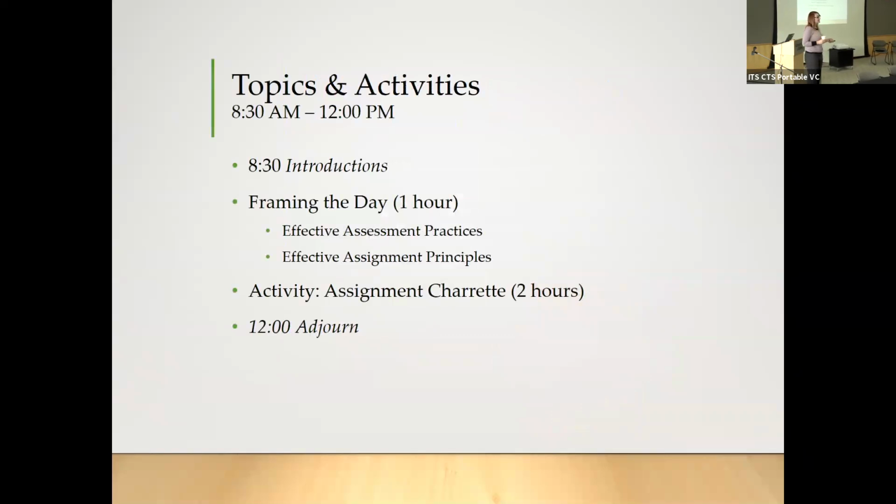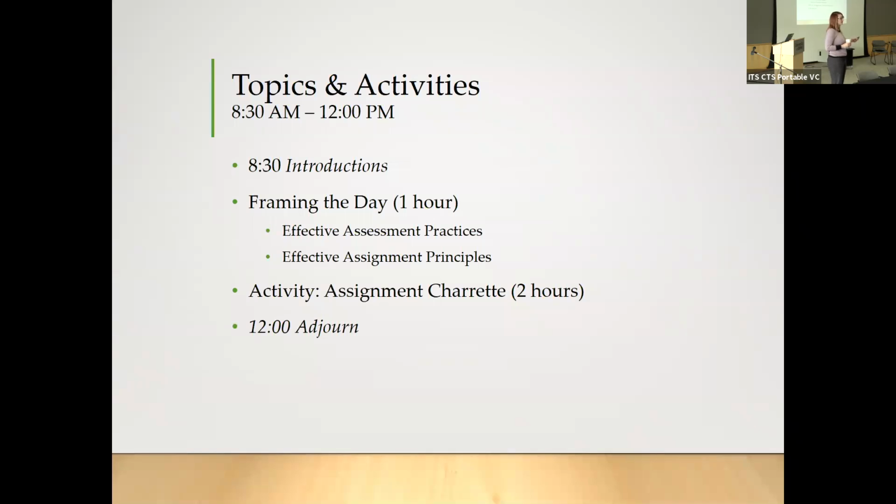Framing the day, and I'll introduce myself a little bit more as well. We want to go over a little bit of effective assessment practices and effective assignment principles, so that really the main part of this is you guys doing the work. How fun is that, right? So we're going to do an assignment charrette, and I'll certainly talk about what that means, but it's been a really effective way through NILOA.